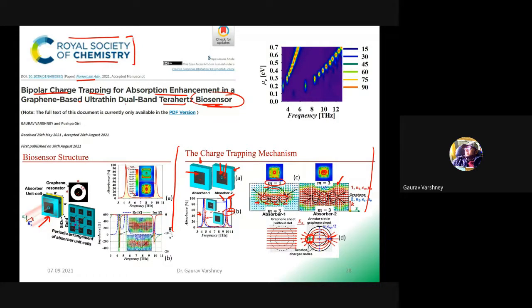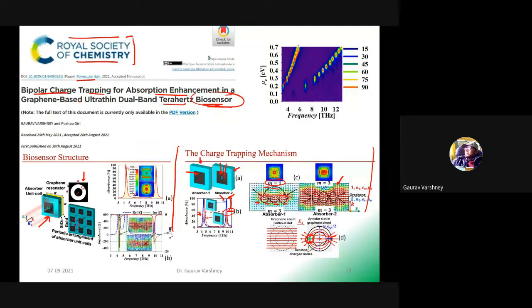You can go through this research article, you will find definitely a piece of work in the field of absorbers. In fact, as we already discussed, utilizing graphene can provide us tunability.